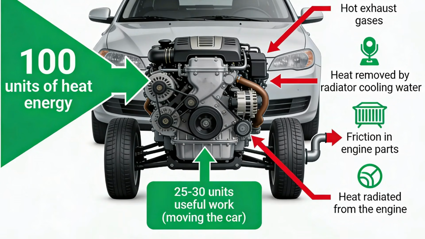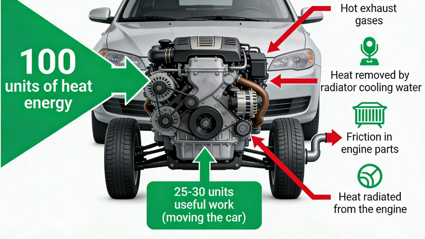About 25 to 30 units become useful work, which moves the car, and the rest is lost as hot exhaust gases, heat removed by radiator cooling water, friction in engine parts, and heat radiated from the engine. So out of 100 units, only about 30 units do useful work. The rest becomes waste heat.